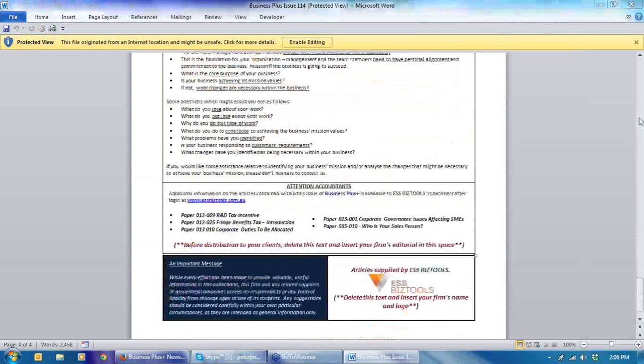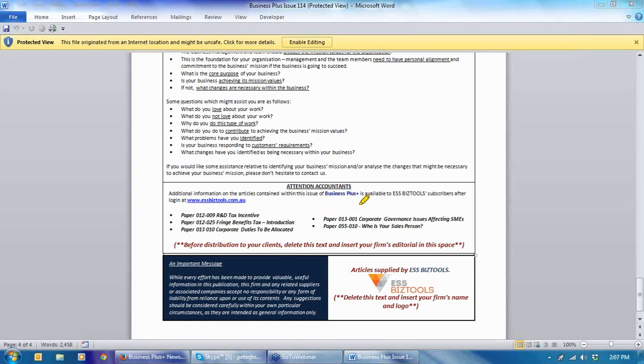This information under the heading Attention Accountants is included, pardon me, to give a user some reference material to use if they wish to read some additional information, which is there to back up the article that has been reported in the newsletter.